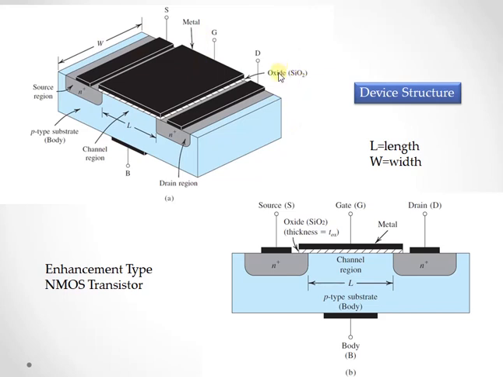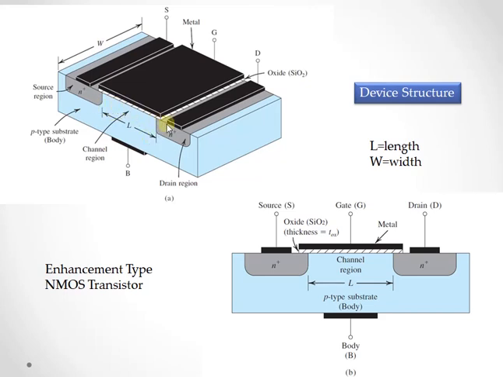A voltage applied to the gate will control the current flow between the source and the drain, and this current will flow in the longitudinal direction from the drain to the source in the region which is labeled as the channel region.